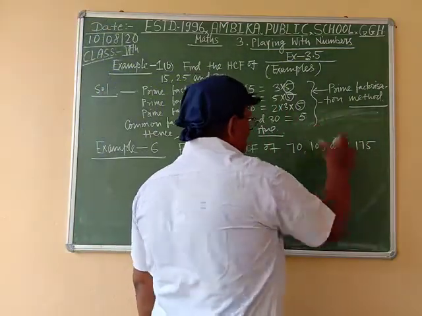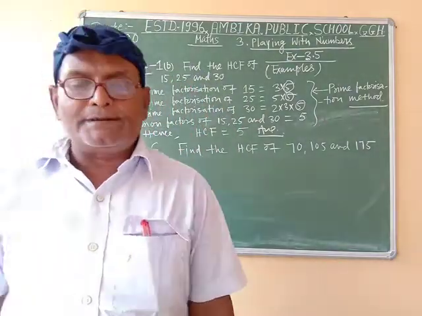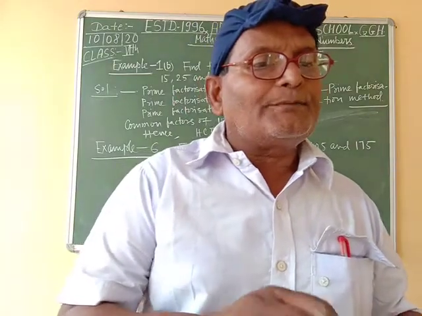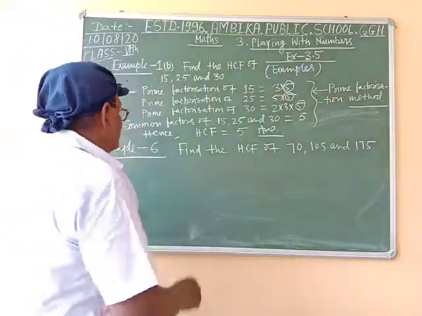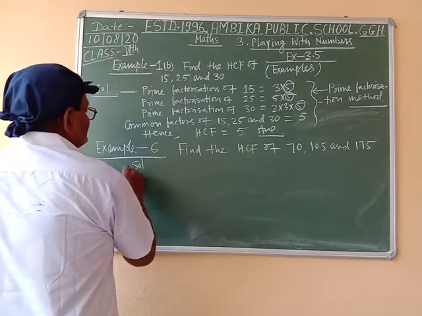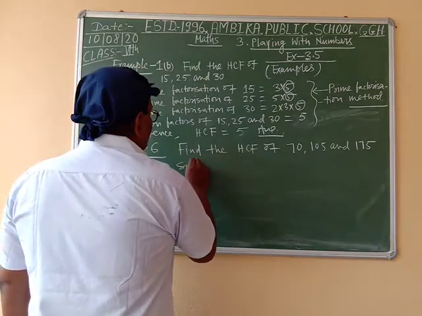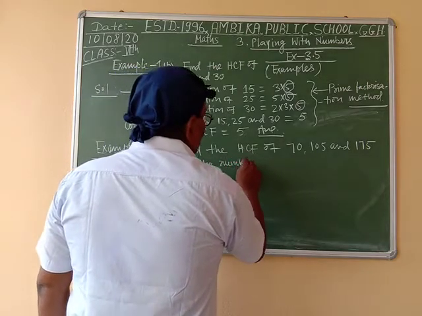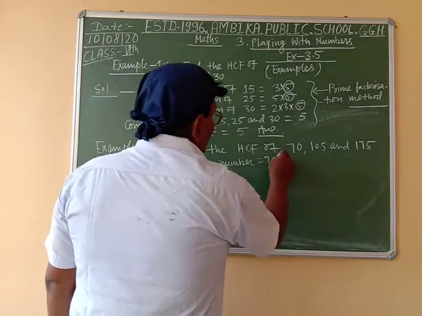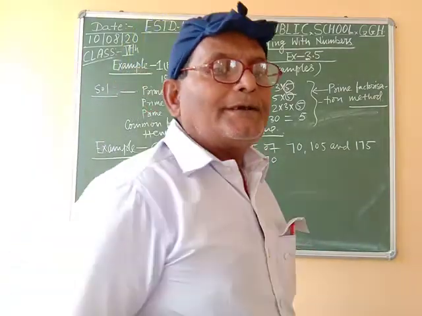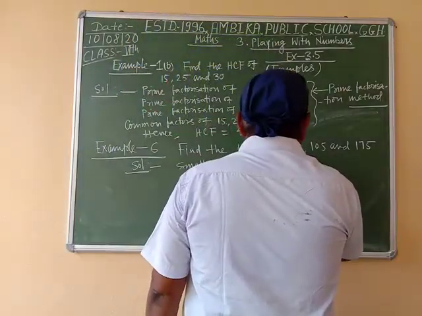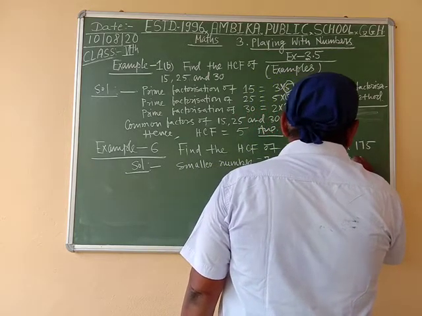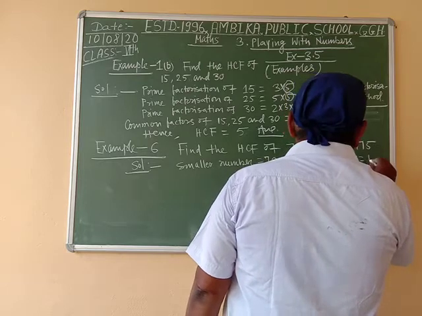So first of all we find the HCF of two numbers by continued division method. Here the smaller number is equal to 70 and the greater number is equal to 105.